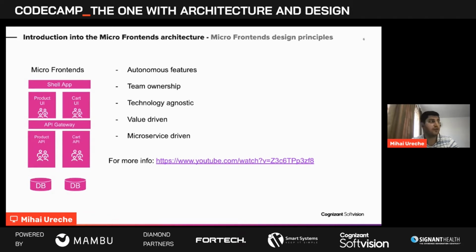You have product UI, you have product API, and between the API and the UI, you have an API gateway to communicate. But you can have teams which are cross-functional, which can work both on the front end and the back end. But you know that team will focus just on that functionality, on that feature, and they will understand better what are the requirements and what they need to develop.